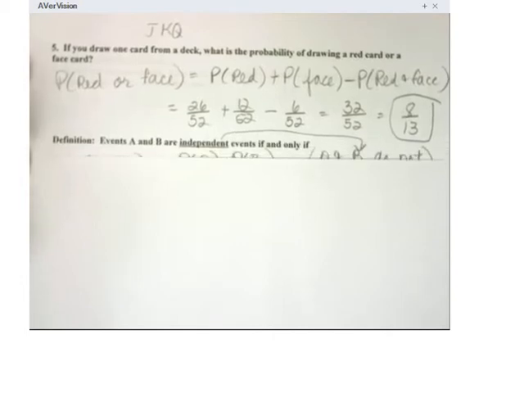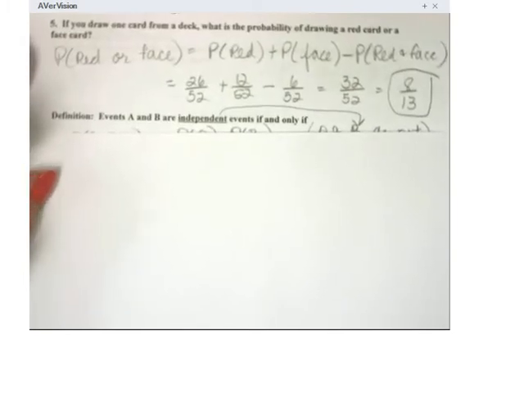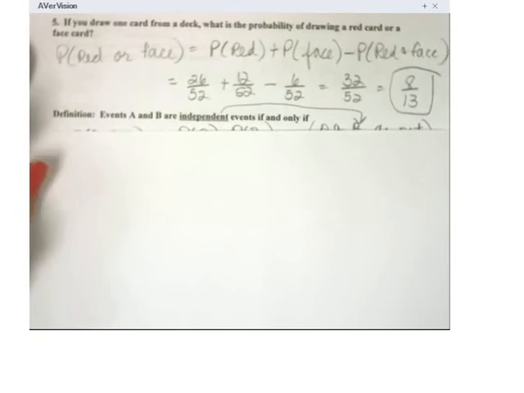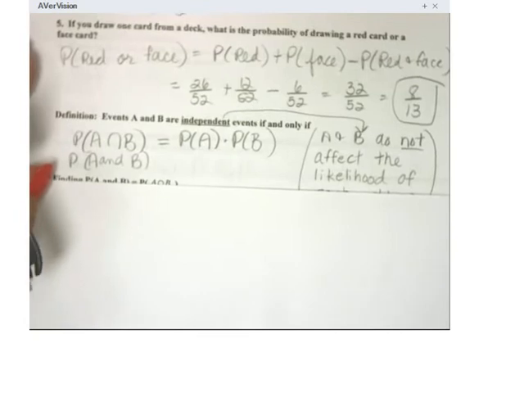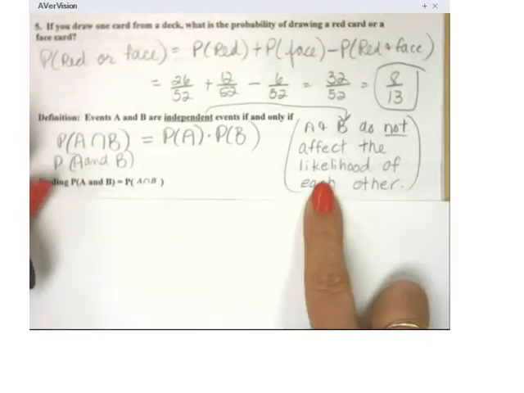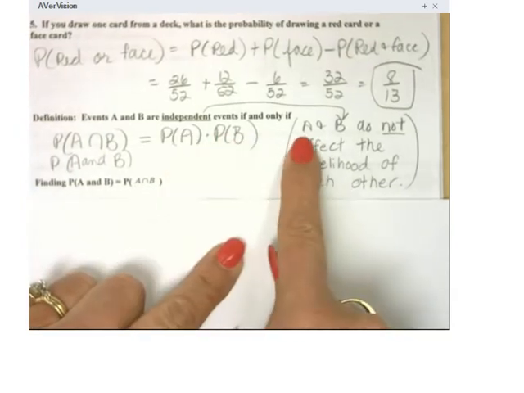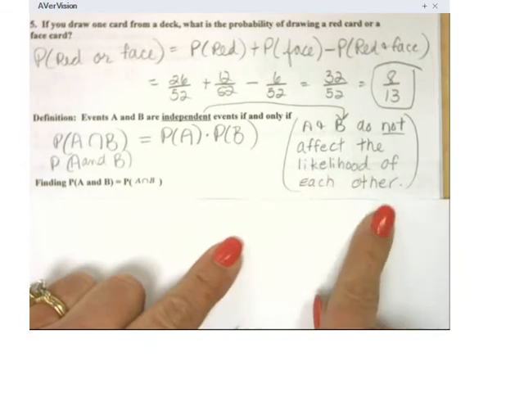Now another topic that can be very confusing for people is the idea of independence. It's not confusing as far as what it means, but sometimes people get it mixed up with mutually exclusive. The idea of independence is that if two events are independent, that means A and B do not affect the likelihood of each other occurring.